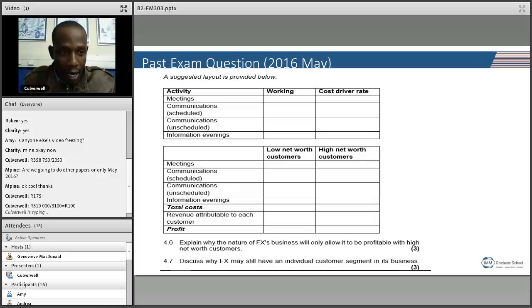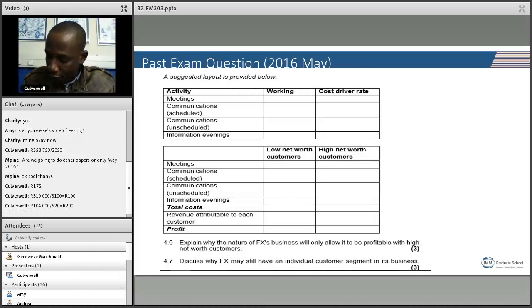You're going to get 104,000 divided by 520, 200 rands. So in short, the 200 rands on communication unscheduled means we are incurring 200 rands in handling customer communication that are unscheduled.